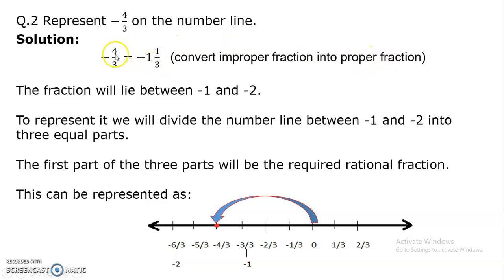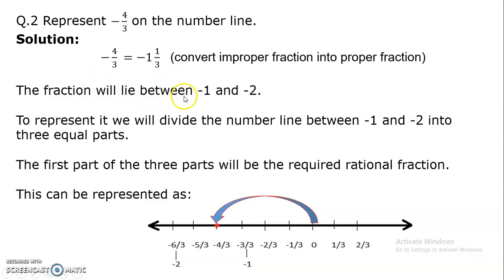That is, you have to divide 4 by 3 and you will get 1 and 1 by 3. So 3 times 1 is 3, plus 1, it will become 4 by 3 again. So it is negative 1 and 1 by 3. Now you have to represent this on the number line.